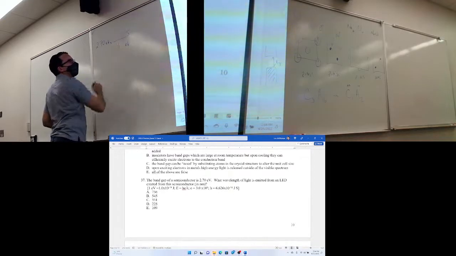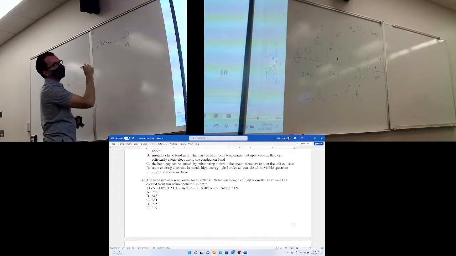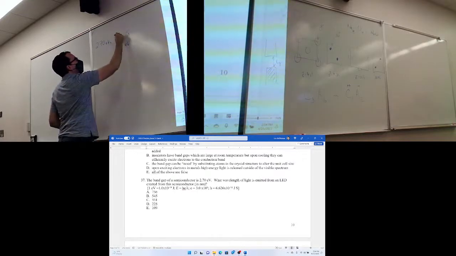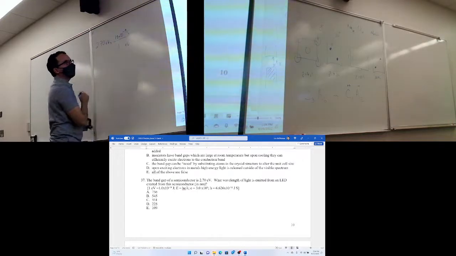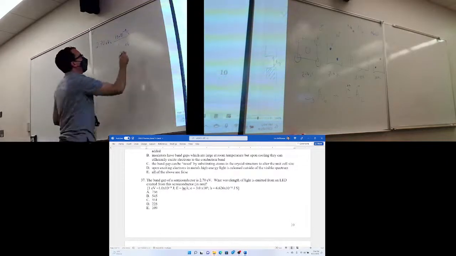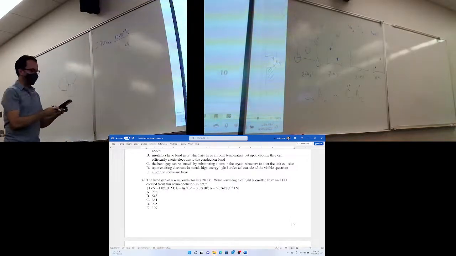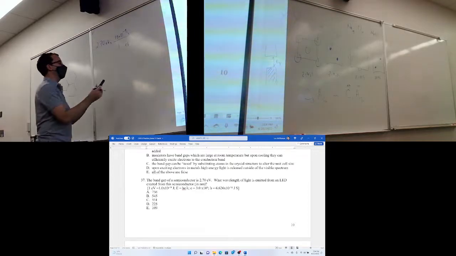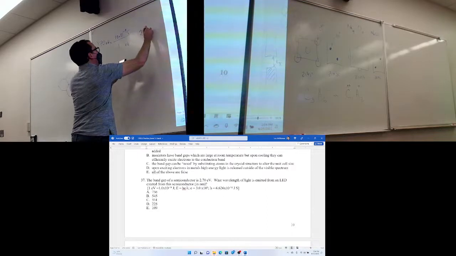And the conversion is 1 electron volt equals 1.602 times 10 to the minus 19 joules. This is not a great conversion, but it'll work.